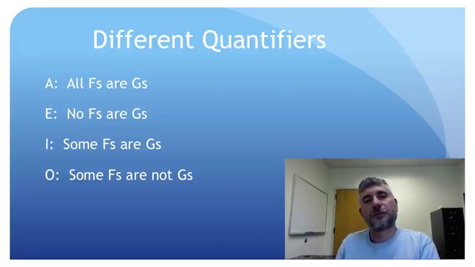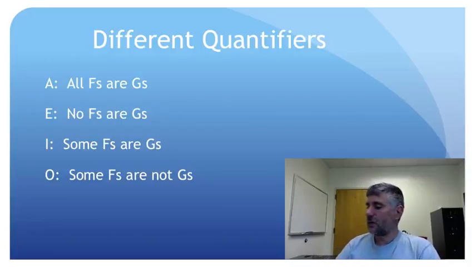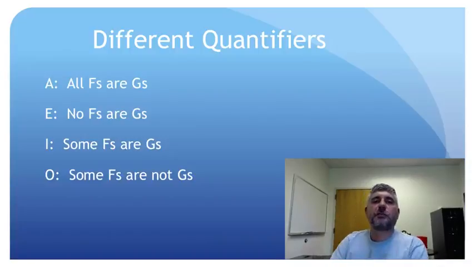If all F's are G's, then it's not going to be true that some F's are not G's. And if some F's are not G's, then it's not going to be true that all F's are G's. All F's are G's, in other words, is going to be true when and only when some F's are not G's is not true.